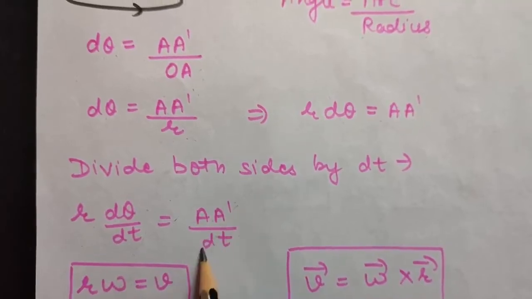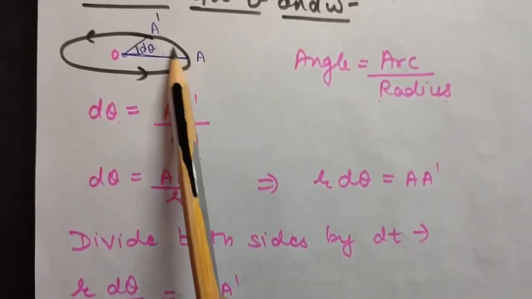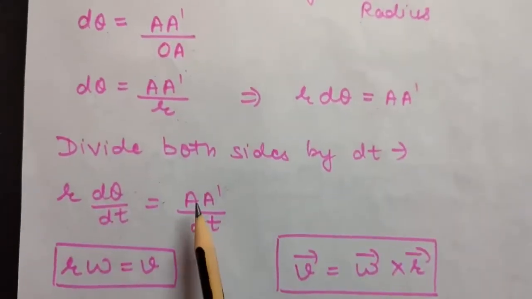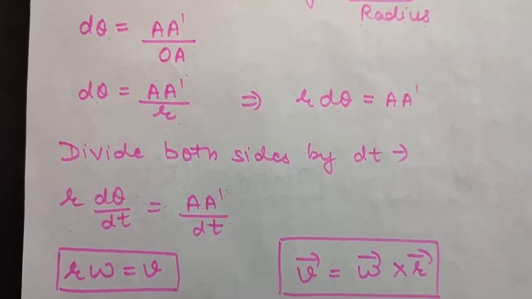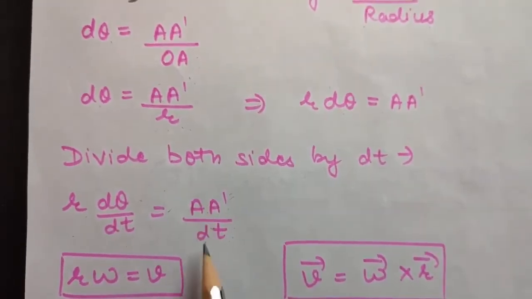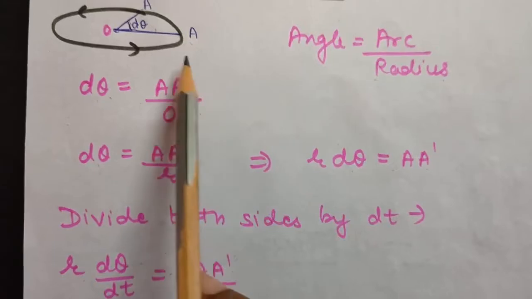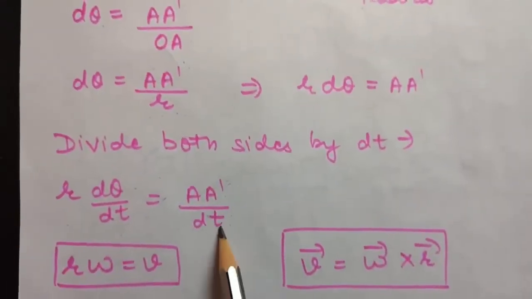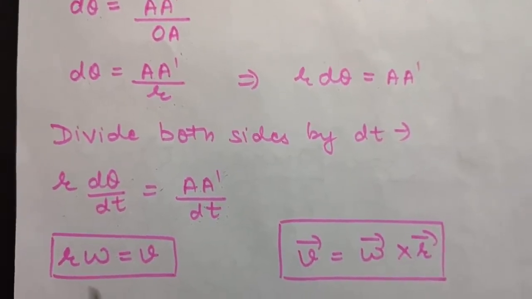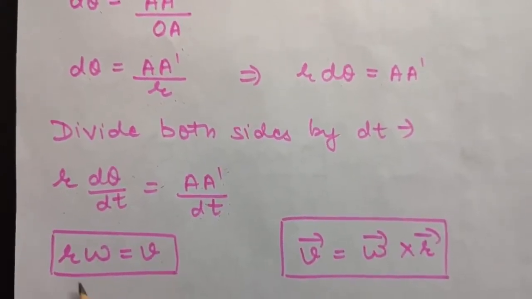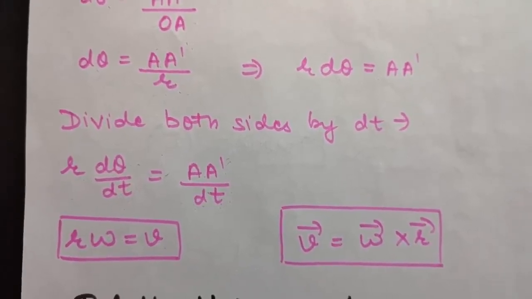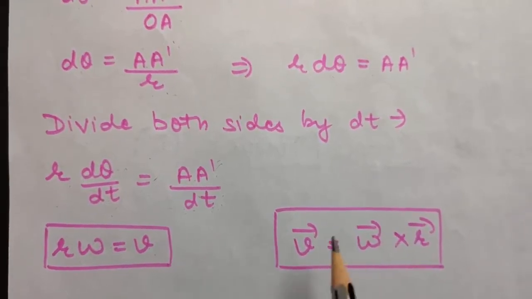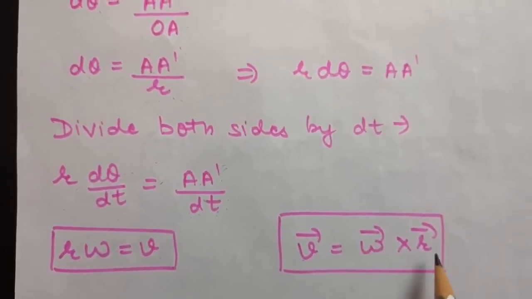Now AA dash upon dt: AA dash is linear displacement, so displacement, or distance, upon time is nothing but velocity. So r omega is v. This is the relation between linear velocity and angular velocity, that is v is r omega, or in vector form you can write it as v is equal to omega cross r.